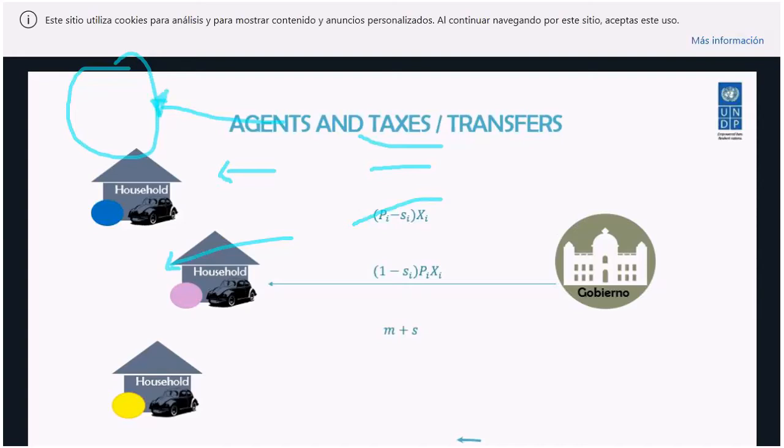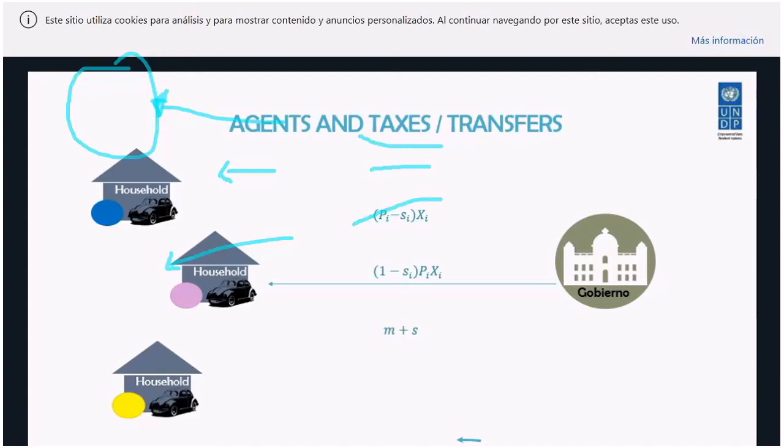So for each household, which is marked with blue, let's imagine that this household is not poor but a near-poverty household, which owns a small business. They produce, I don't know, tortillas. So they consume a lot of electricity to operate the machine that makes the tortilla shape, right?